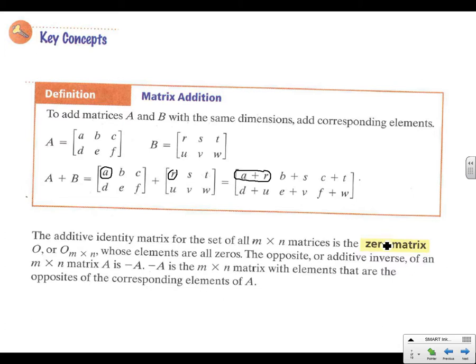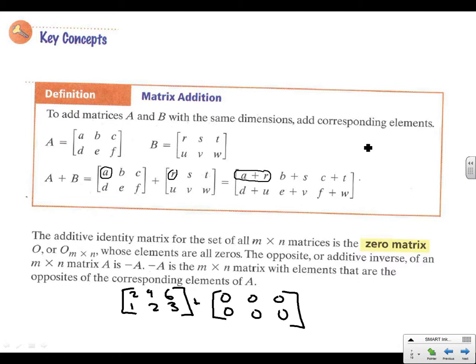So now we have this new phrase, the zero matrix. All right, so that's what we would use to say like we're just staying the same, like times by 1. So if I have, let's call it a 2 by 3 matrix, so 2, 4, 6, 1, 2, 3. Right? The zero matrix that would match up with that would be a matrix of the same size with 0 in every single spot.